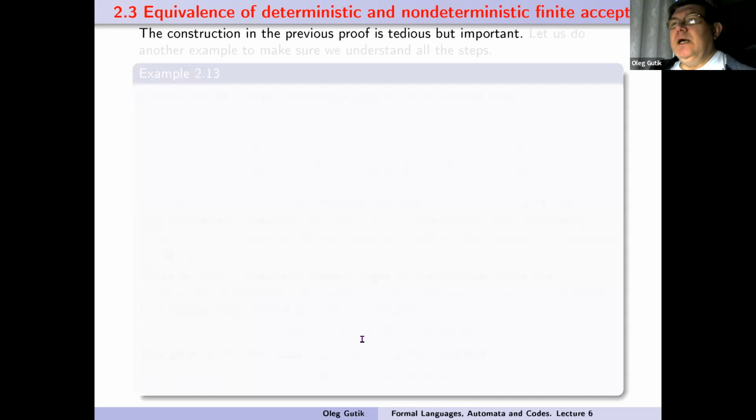The construction in the previous proof is tedious but important. Let us do another example so we understand all the steps.